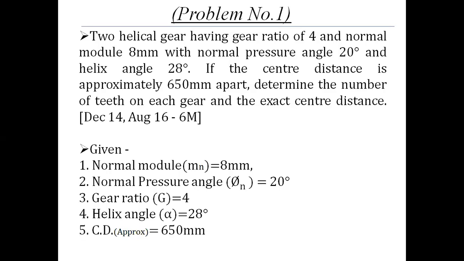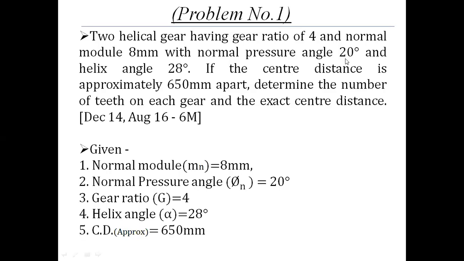One is the normal module, the second is the transverse module. The pressure angle on the transverse plane is the transverse pressure angle, and the pressure angle on the normal plane is the normal pressure angle, phi n and phi t.